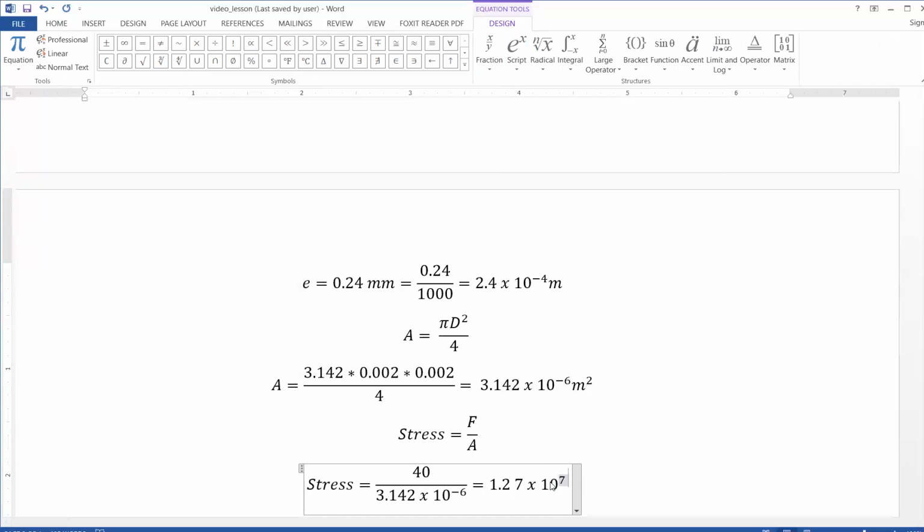Remember to put the units there. The unit of your stress is Newton per meter squared or Pascal. So this is your stress.